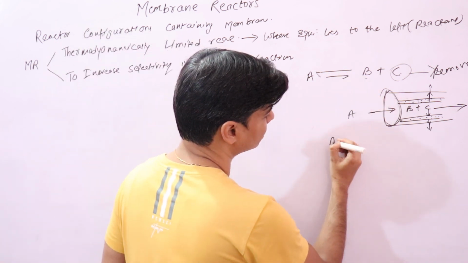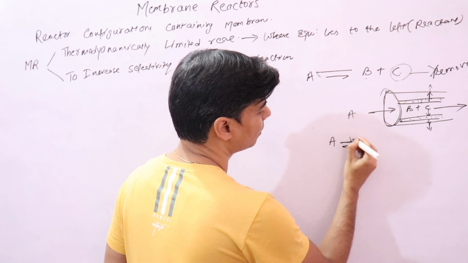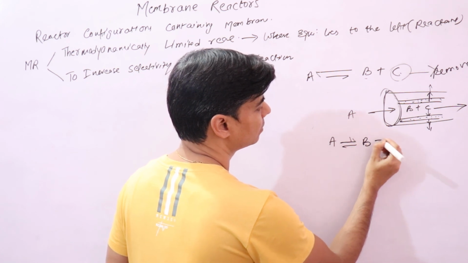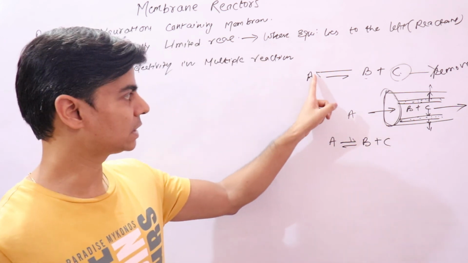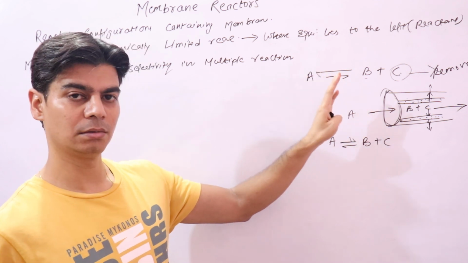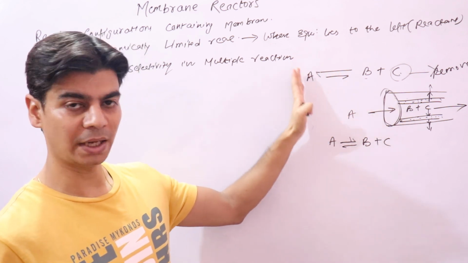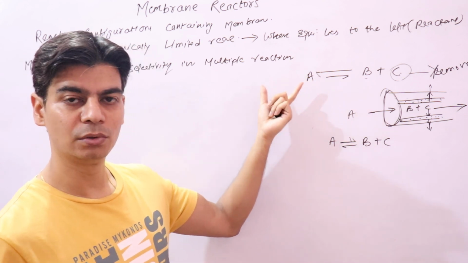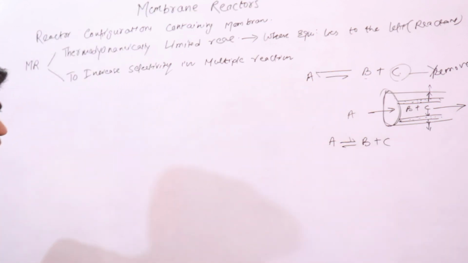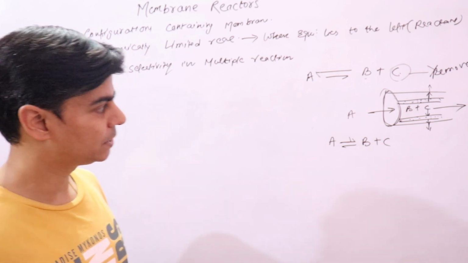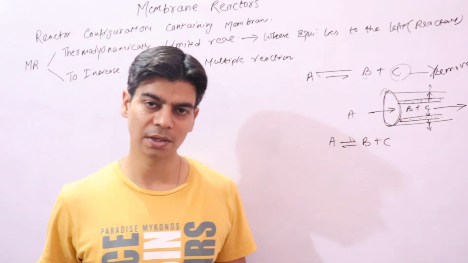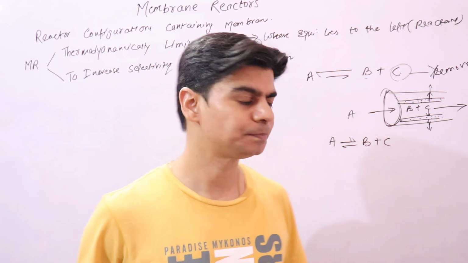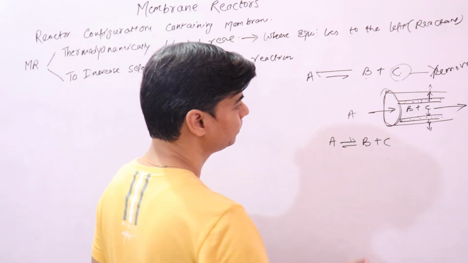So it would be like this, B plus C, and here I made this arrow bigger because the reaction is thermodynamically limited and lies towards the reactant side, right. I hope this concept is clear. This is the concept used in your membrane reactors, right.